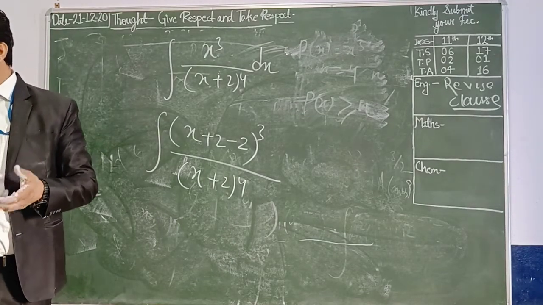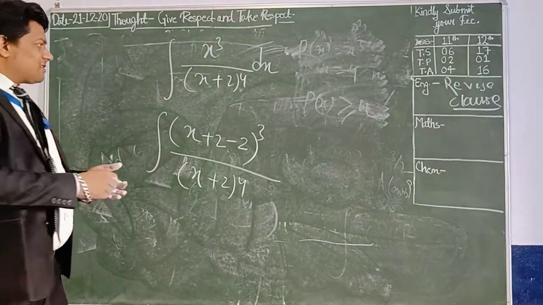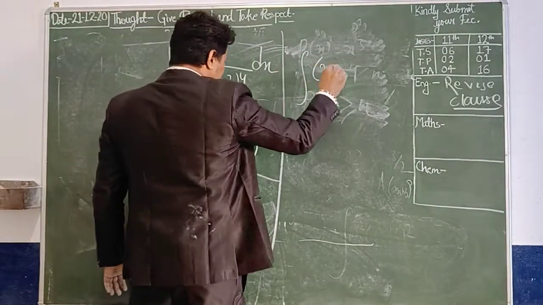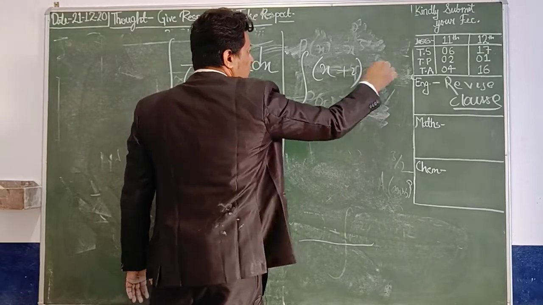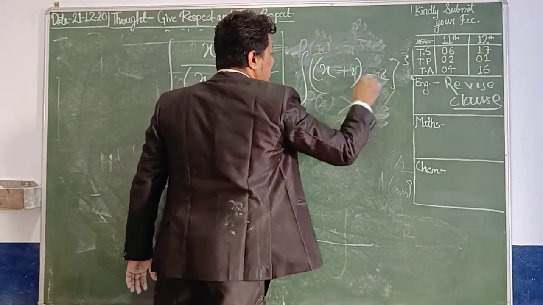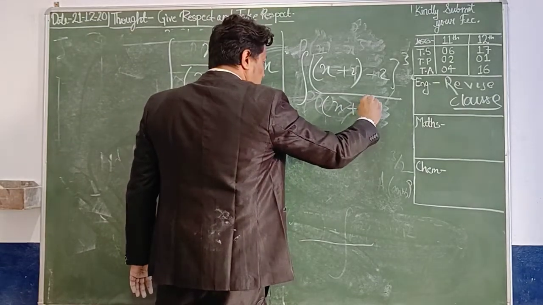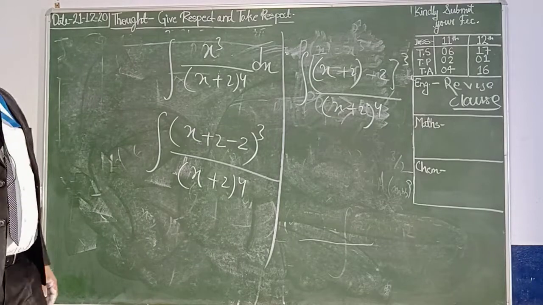What kind of formula will you get if you arrange this one? In the general question, x plus 2 minus 2, you are getting power 2, and x plus 2 power 4. Is it clear? Getting my point?